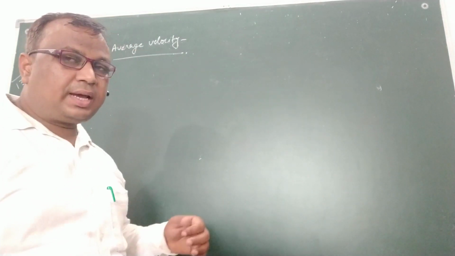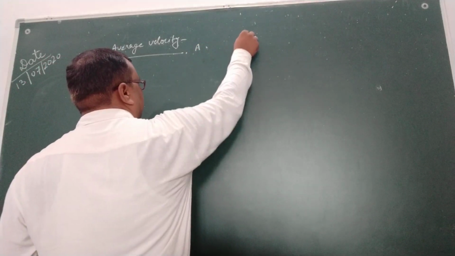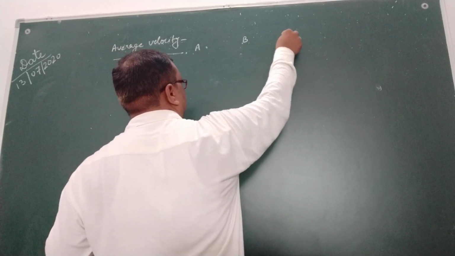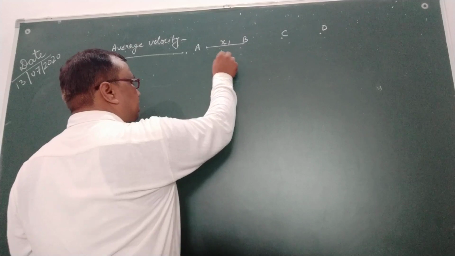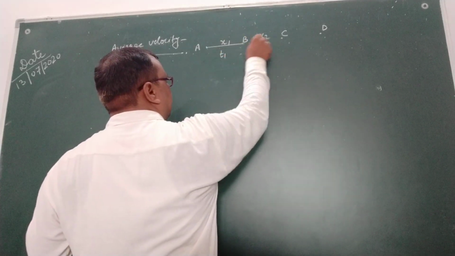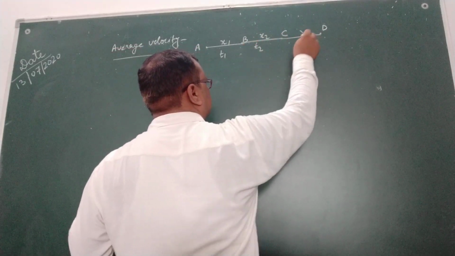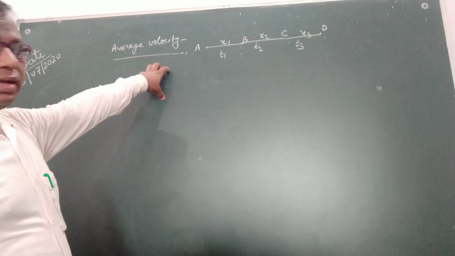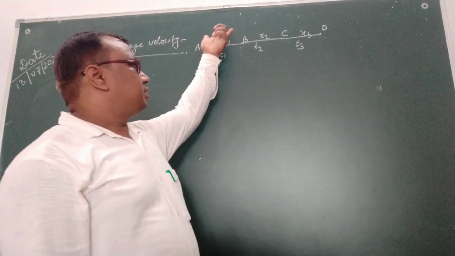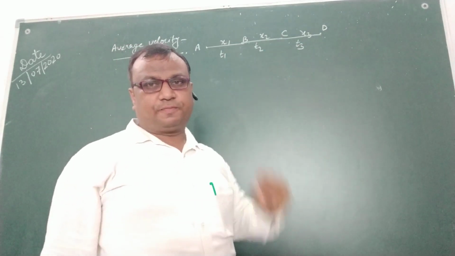If an object moves from point A to point B, to point C and to point D, from A to B distance x1 in time t1, B to C distance x2 in time t2, and C to D distance x3 in time t3, then the total displacement is x1, x2 and x3 with total time t1, t2 and t3.